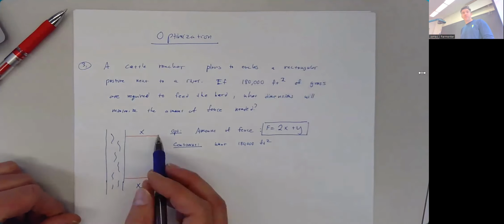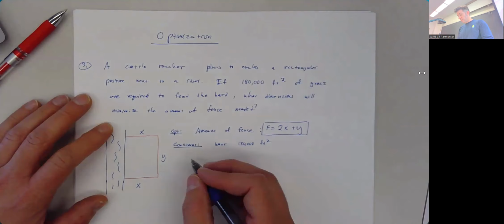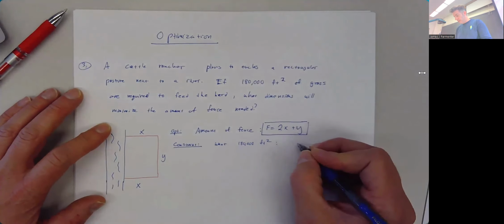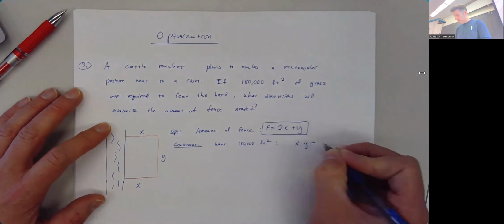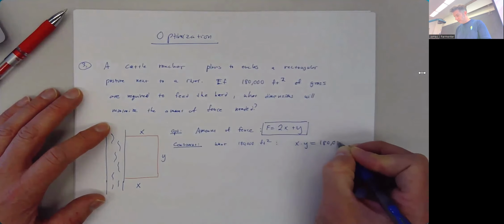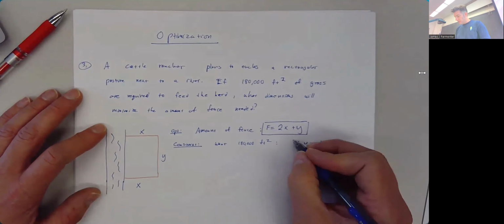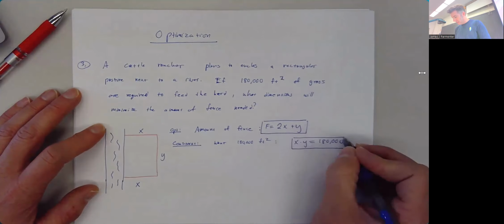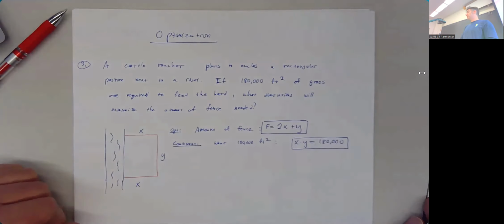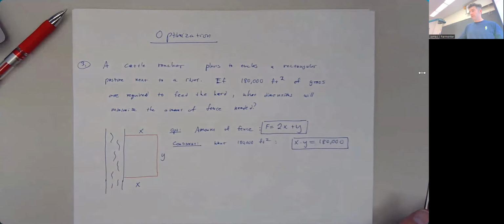It's length times width. So our constraint equation is that X times Y has to equal 180,000. Notice that this equation has something equal to a number. And that is pretty standard when you're finding a constraint. So you've got the thing you want to optimize and the limiting piece of information, the constraint.